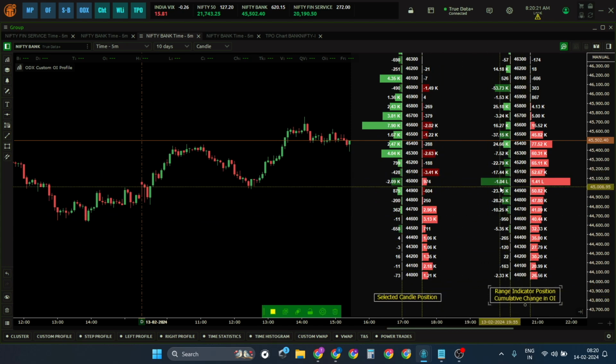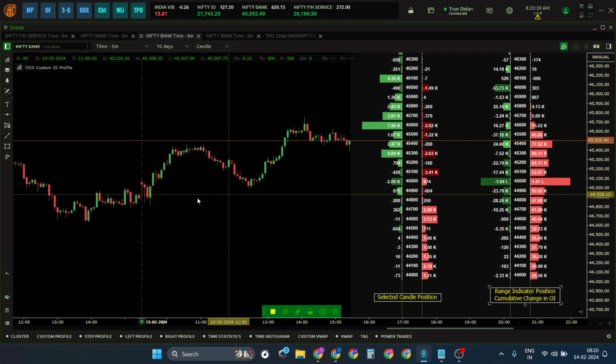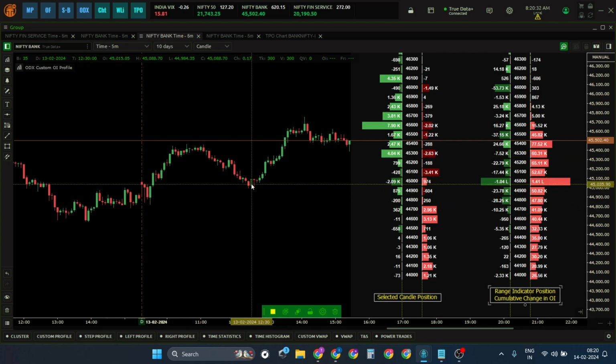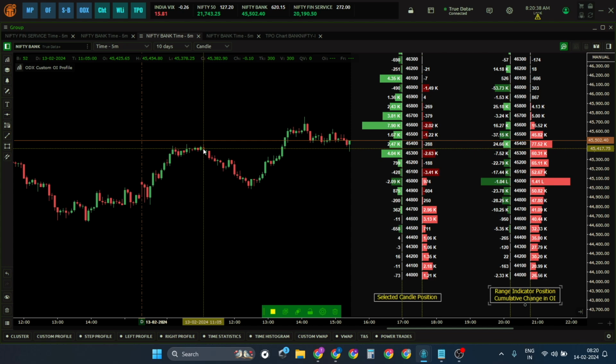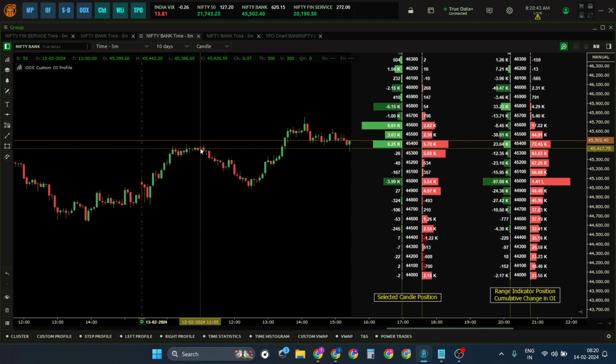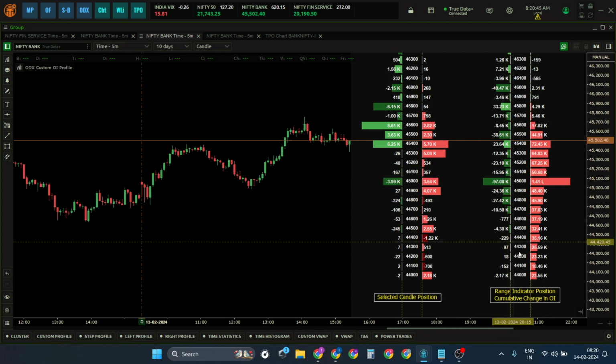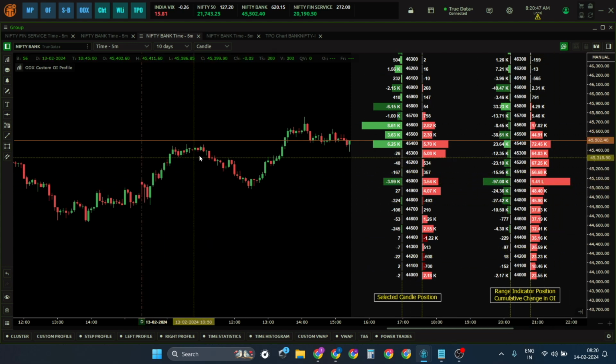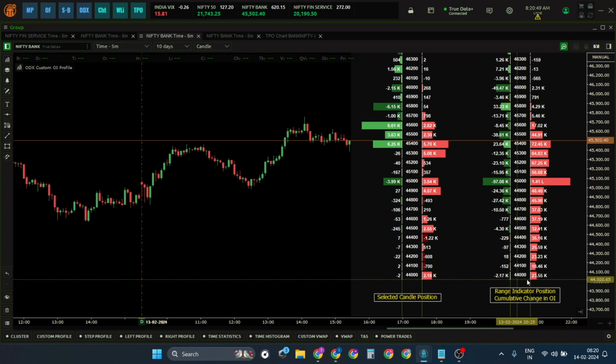Now what is the range indicator position? It is nothing but a range. Let's say this is the entire day and the time now is 12:30. I want to see the activity from 9:15 to, let's say, 11. I can simply click on 11, and it will give you the data from 9:15 to 11, what change in OI happened.